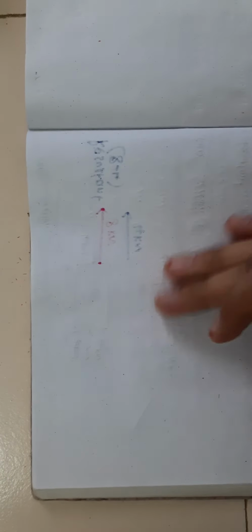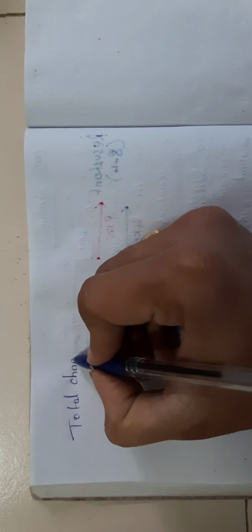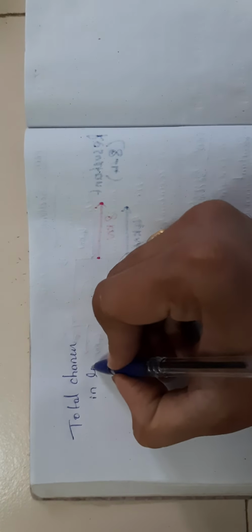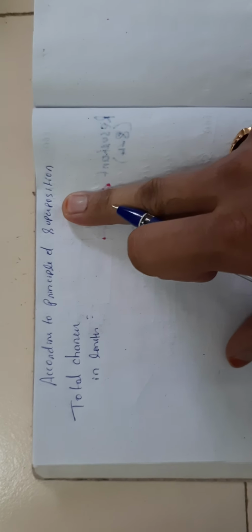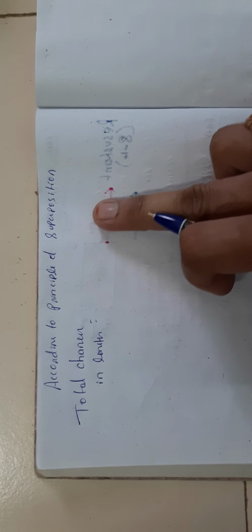Now if you want the total change in length, you can add according to the principle of superposition. This principle of superposition is true only when we have very small strains.